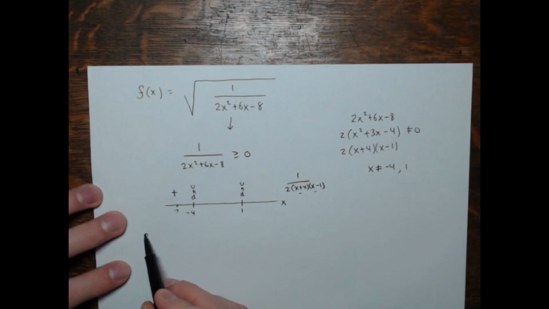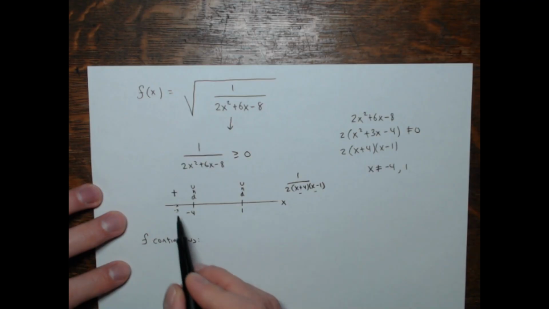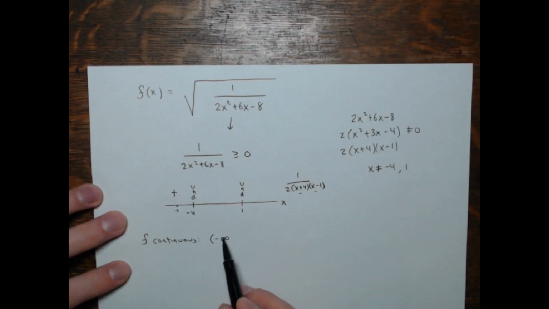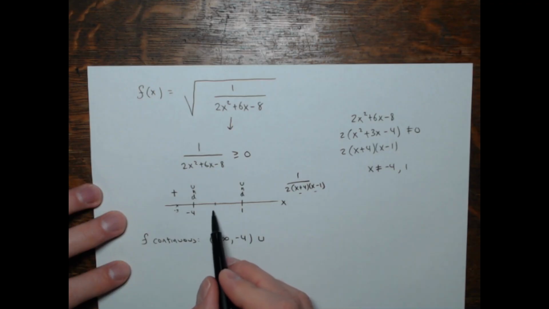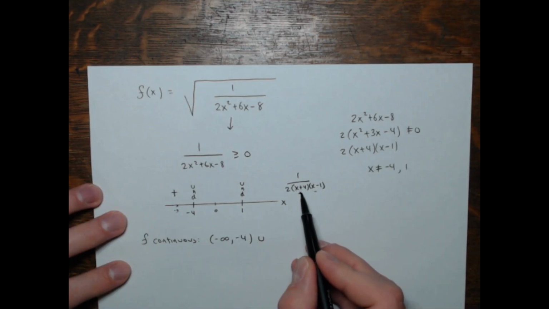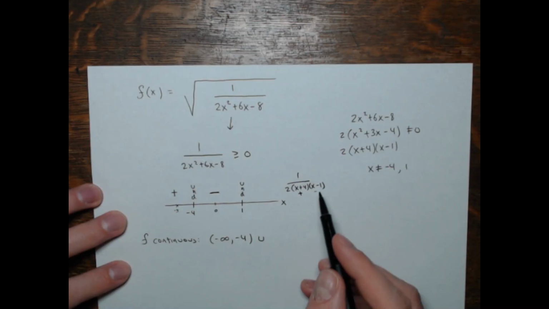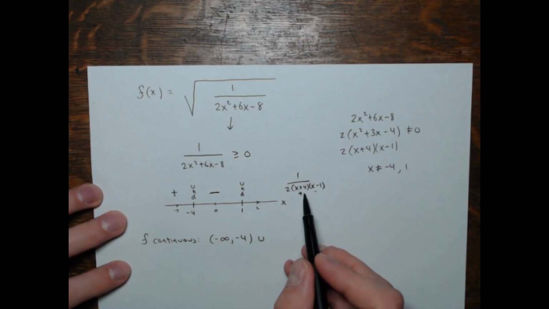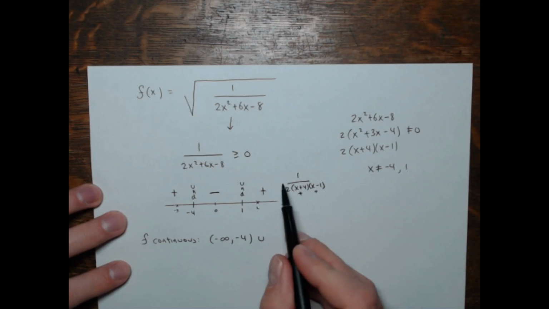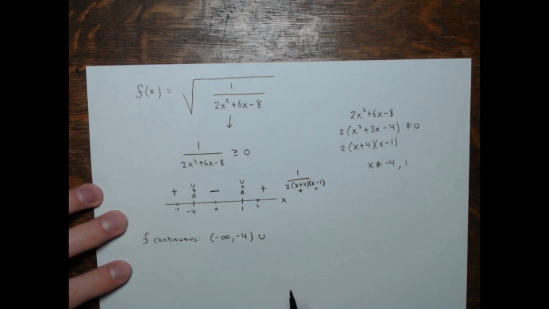So again, we have f is continuous where it's defined, on these values from negative infinity up to negative 4. And then not in between, right? When x is 0, something between negative 4 and 1, this would be a positive number here, but that would be negative, so it'd be negative overall, and I don't want that. And then to the right of 1, say I pick 2, everything's positive, so the whole expression is positive, so we do have the square root of a positive, and that's fine.